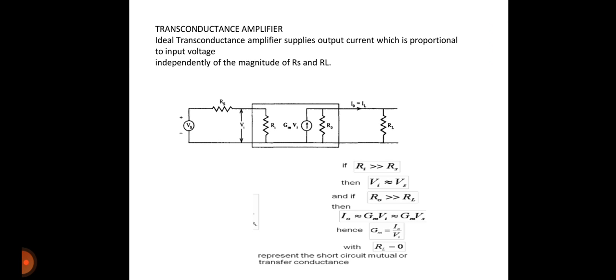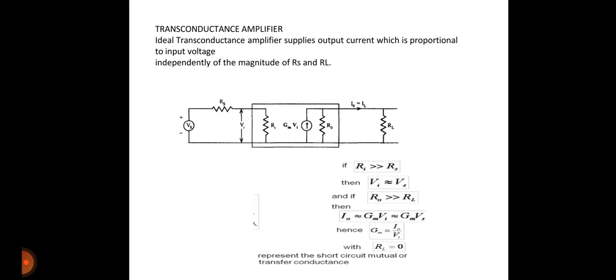So here also, we say Vi equal to Vs when Rs is very much lesser than Ri. Similarly, when do we say I0 equal to Gm into Vi? When R0 is very much greater than RL. So if Ri is very much greater than Rs, then Vi equal to Vs. If R0 is very much greater than RL, then I0 equal to Gm into Vi.